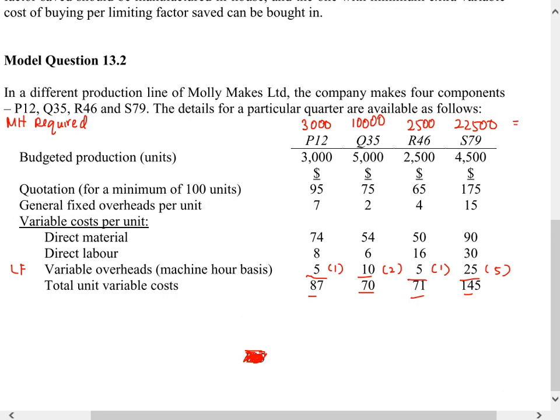So the total will be 25, 35, 38. Total required is 38,000 machine hours, but I only have 24,000. For machine hours required, it's not necessary to calculate, because it is already given.